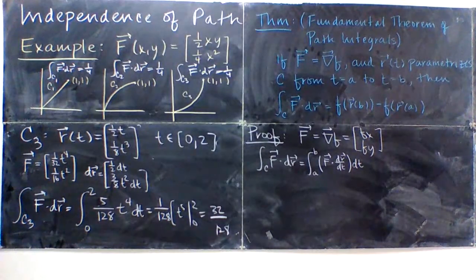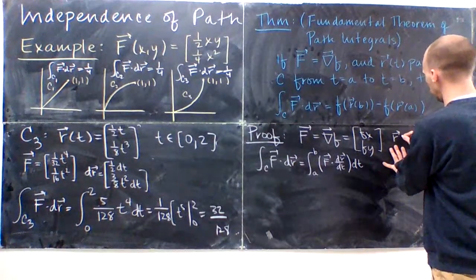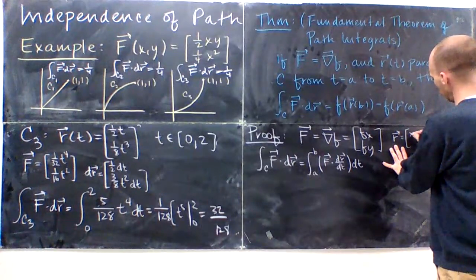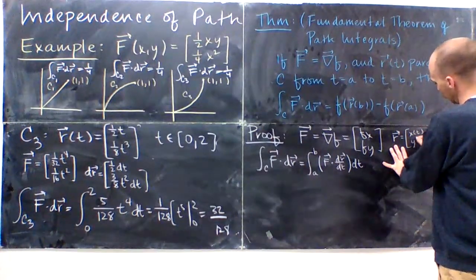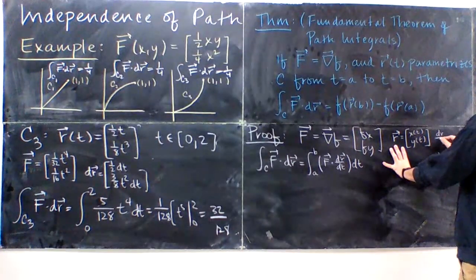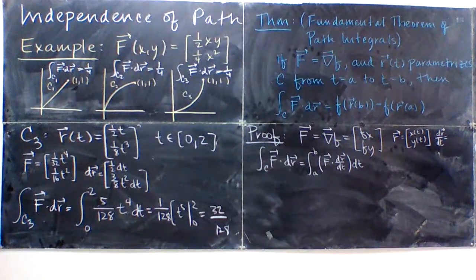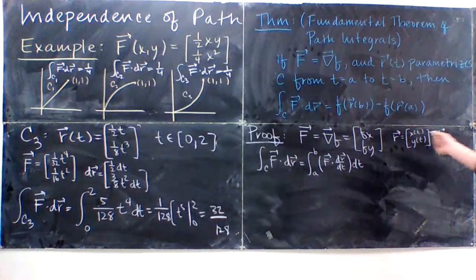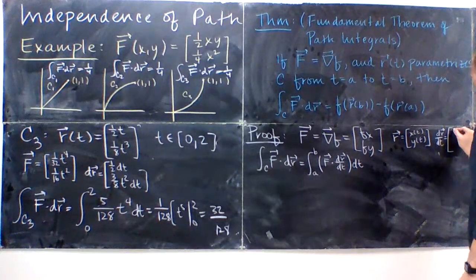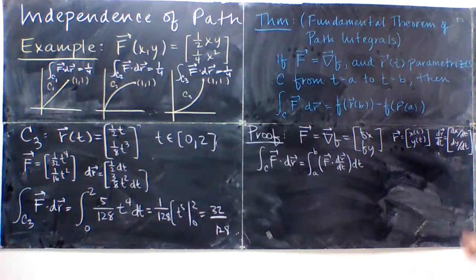Okay. And let's think about what dr dt actually is. r is going to be x of t and y of t. So dr dt, I feel like this is probably too small, but I'm going to run out of room. So dr dt is dx dt and dy dt. Right?